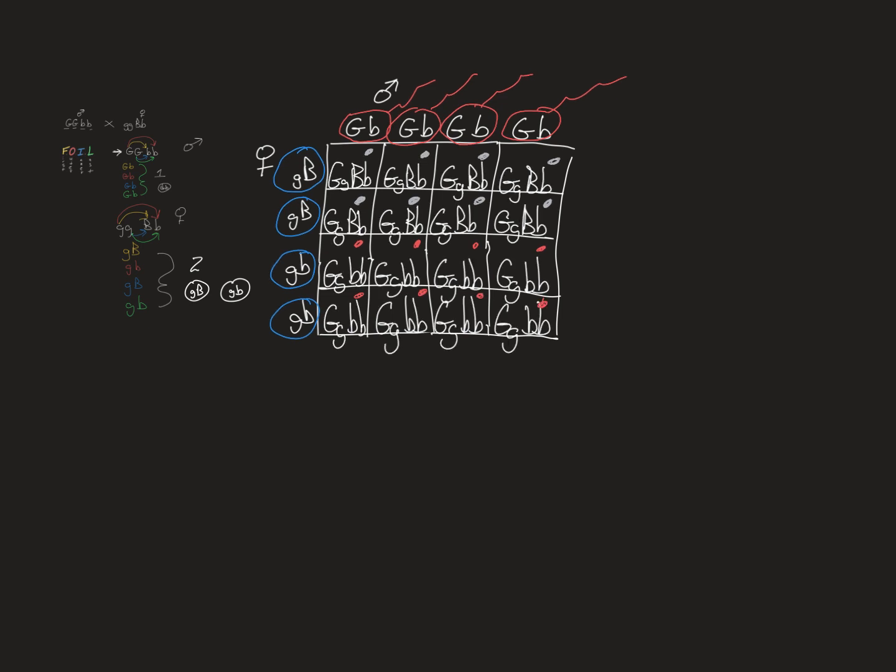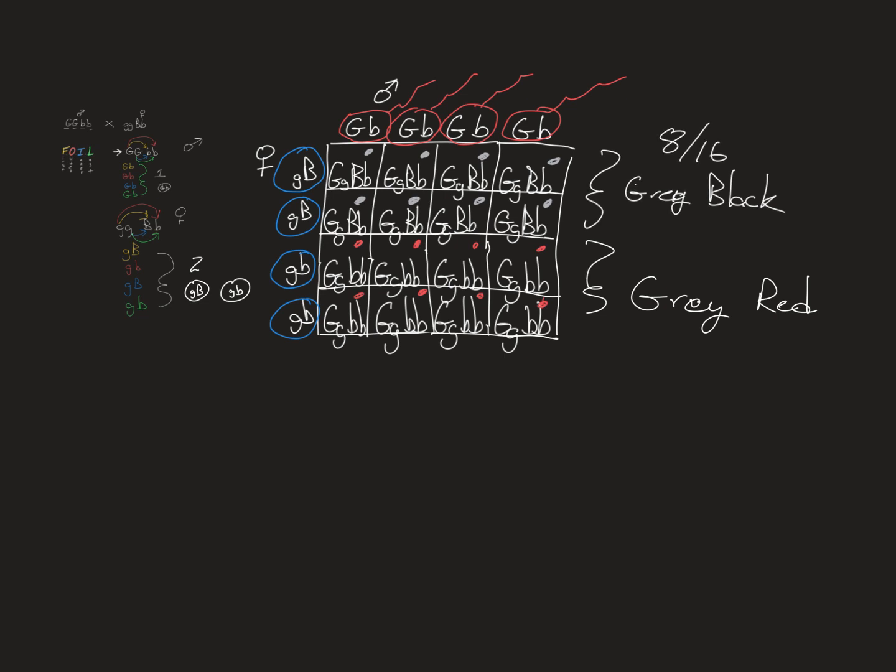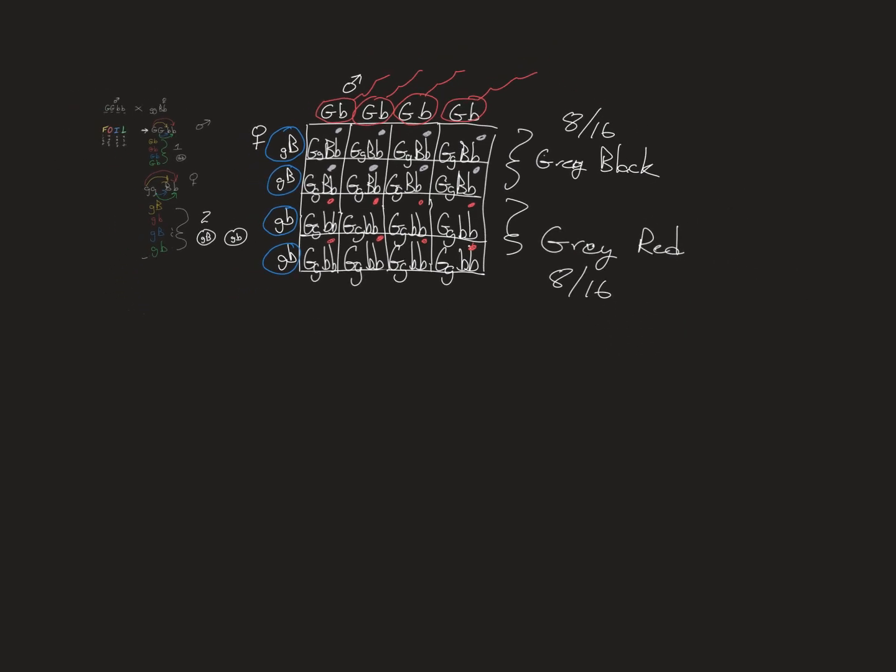Half of them are gray with black eyes, and half of them are gray with red eyes. So you got 8 out of 16 are gray with black eyes, and 8 out of 16 are gray with red eyes. You can do that easy, right? If you can tell the difference and just count them, that's easy to do.